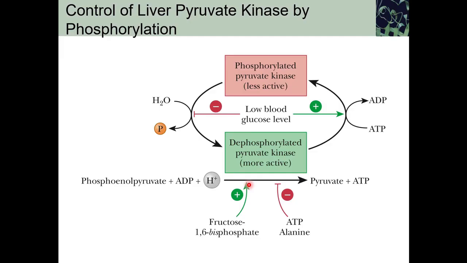When you have a lot of fructose 1,6-bisphosphate, that means you have a buildup of glucose. There's a lot of glucose being funneled into glycolysis, and therefore that fructose 1,6-bisphosphate has to be metabolized through glycolysis, and that's why it's activating the last step in glycolysis, right?